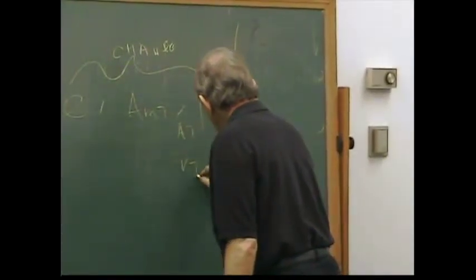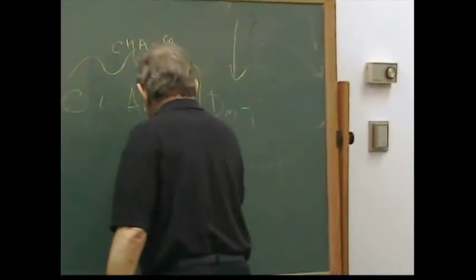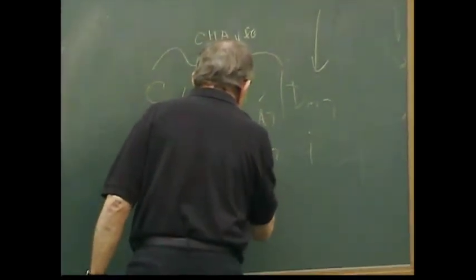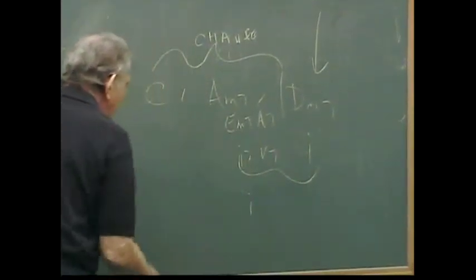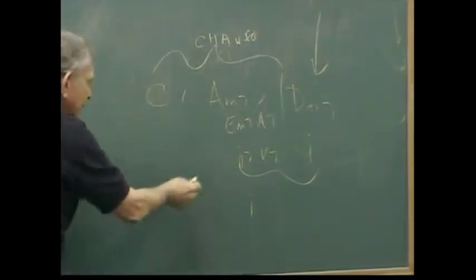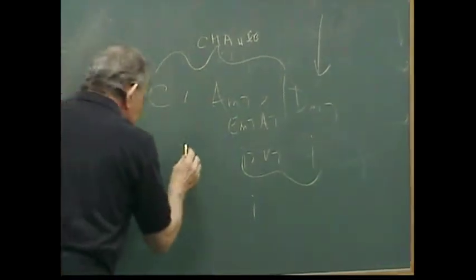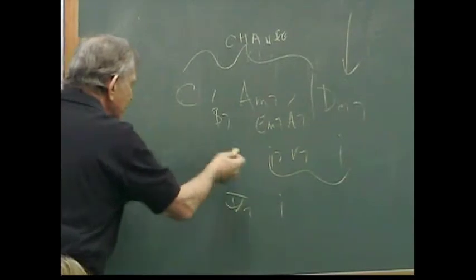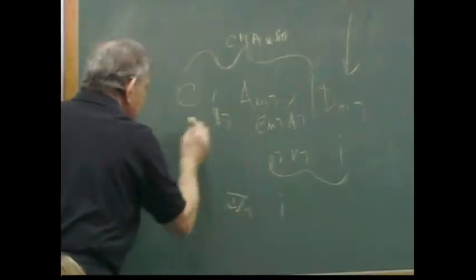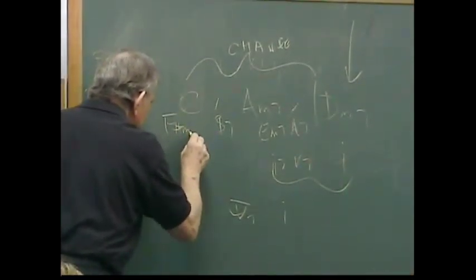Secondary dominant, make it minor, E minor 7. My new destination chord, go backwards, clockwise through the circle, find the dominant of E, which is B7. Secondary dominant, made minor, second note of that scale, F sharp, F sharp minor 7.